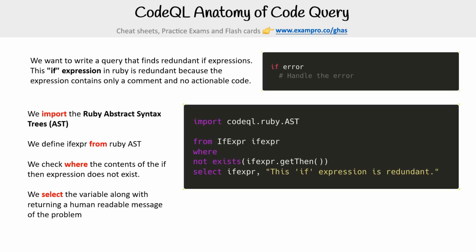Now where not exists, IfExpr.getThen is basically where the content of the if-then expression does not exist. And select, as I said earlier, is a filter that you apply for what you want the result to be filtered by. So in this case, it would be a human-readable message of the problem, that this if expression is redundant. That is, if it matches the criteria, it is going to display the result.